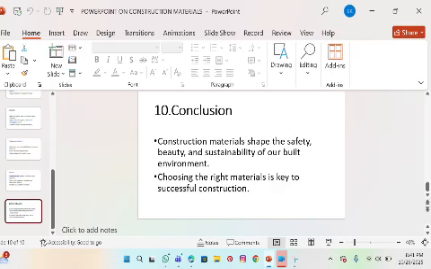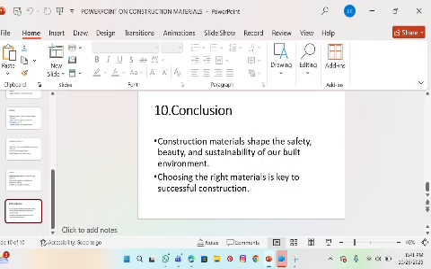So every time we go to the field or to the industry, that is the first thing they use to identify the best and most suitable materials for the construction.